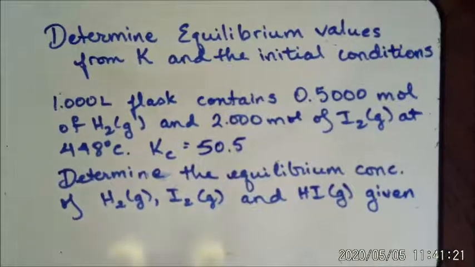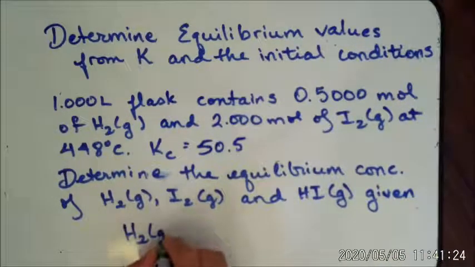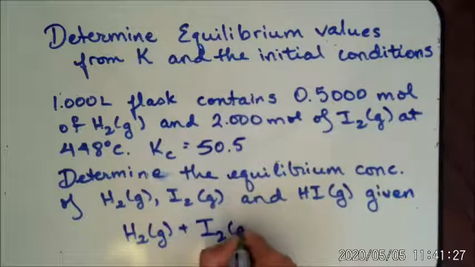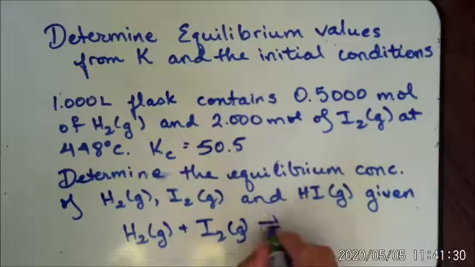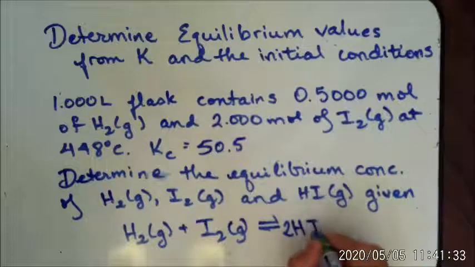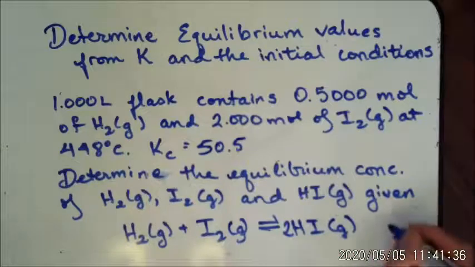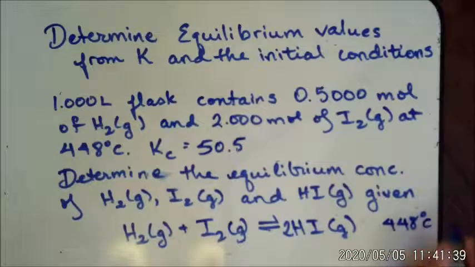And here's our reaction. We need to know our reaction, right? H2 gas plus I2 gas forms 2 HI, and this is going to be at 448 degrees Celsius. Okay. So what are the steps that we need to do? Well, as we talked about before in another example, first thing we do is write our reaction.